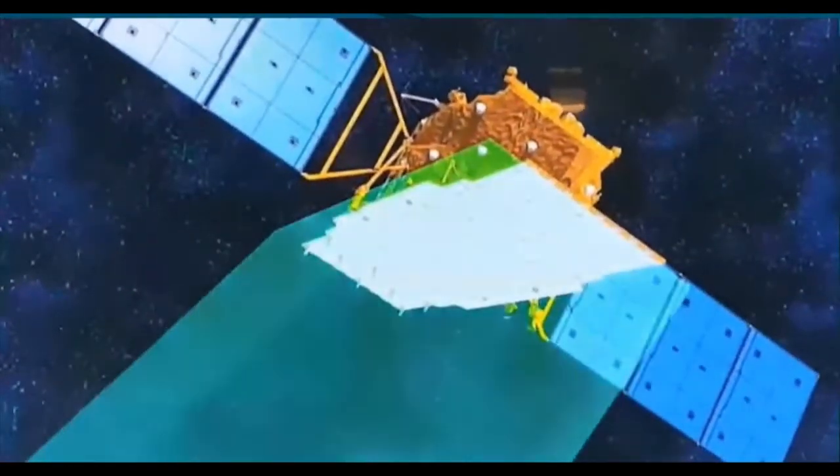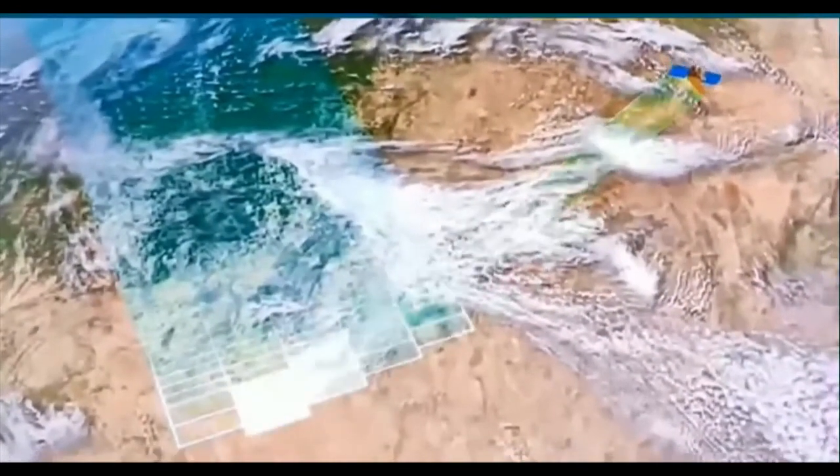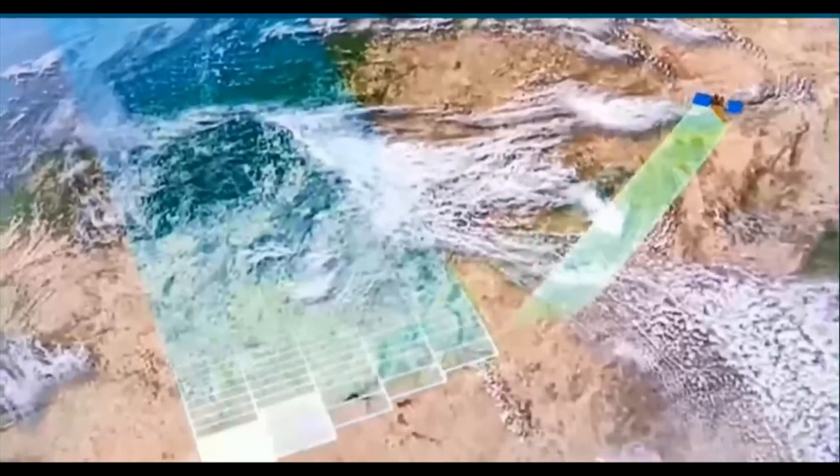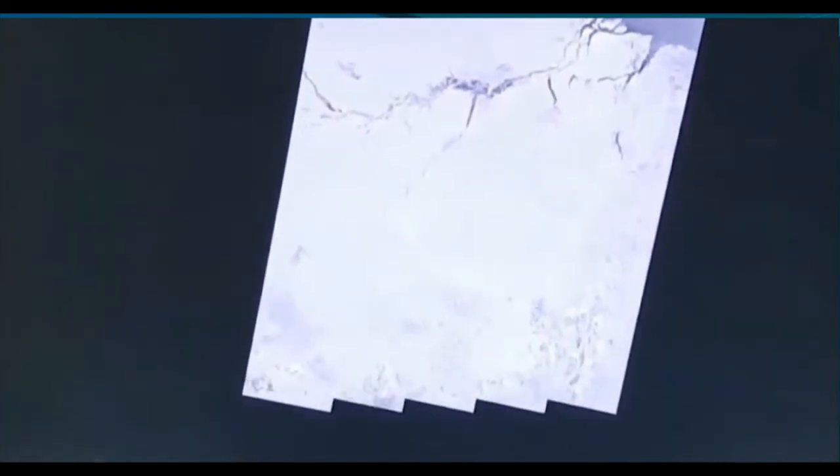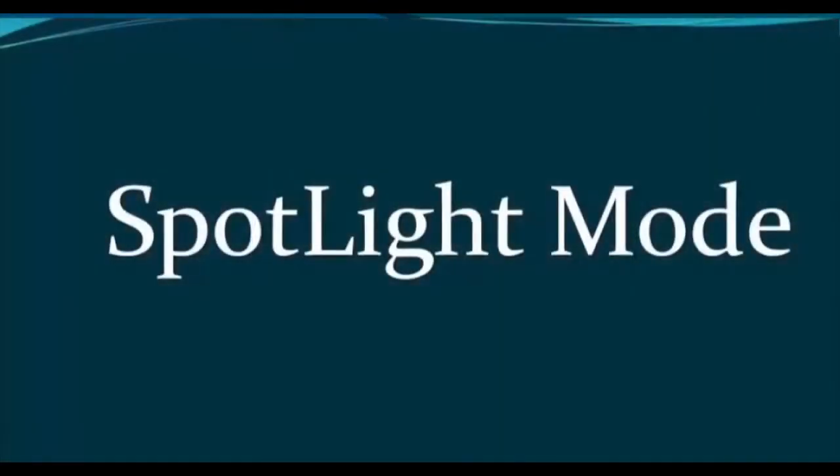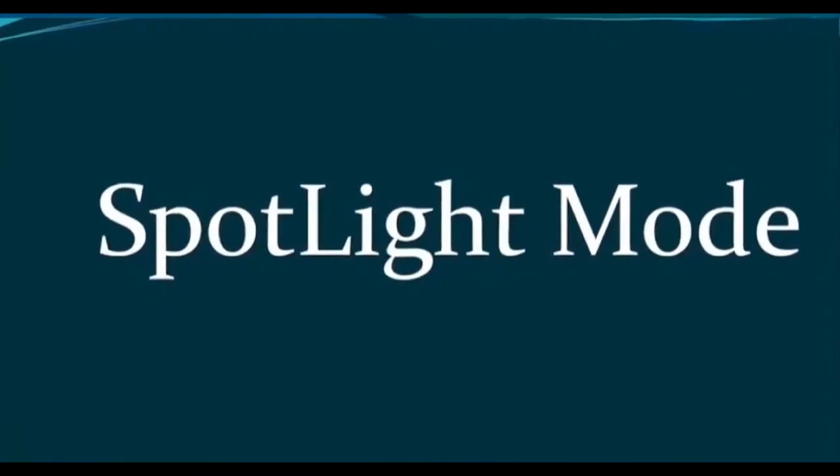Then scan-SAR for wider swath. Finally, spotlight.